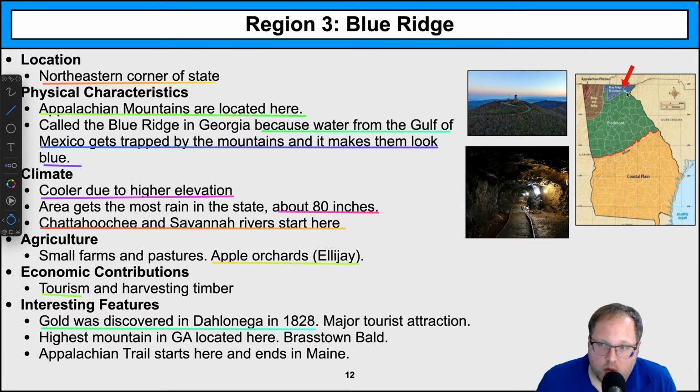And when gold was discovered in this region, the Cherokee were forced to leave. And this is one of the things that contributes to what is later called the Trail of Tears, where the Cherokee are forced to leave the eastern coast, including Georgia, and walk all the way over to Oklahoma.